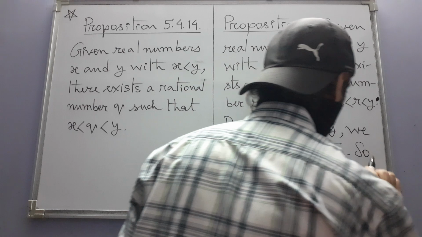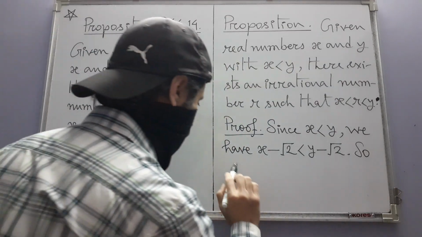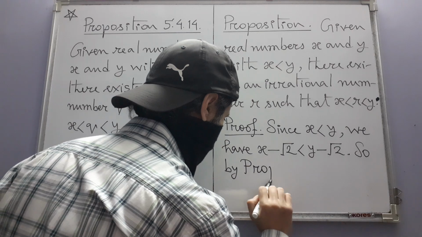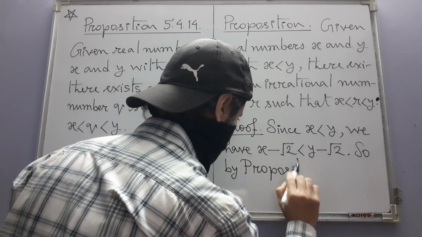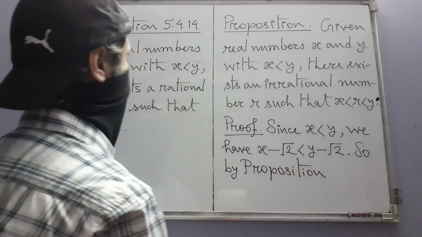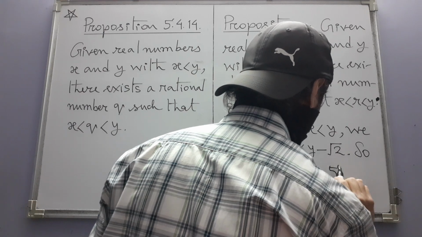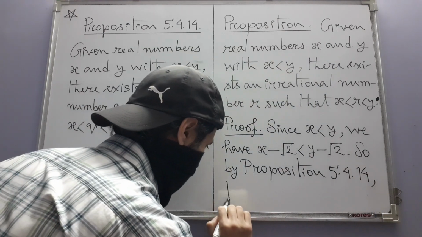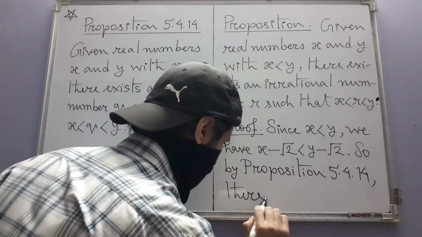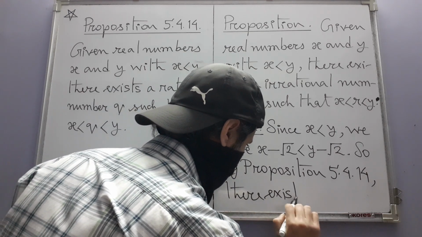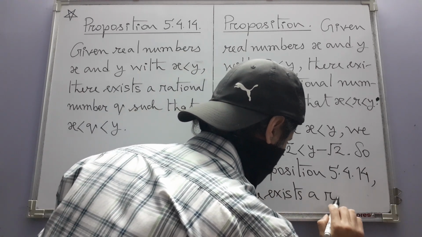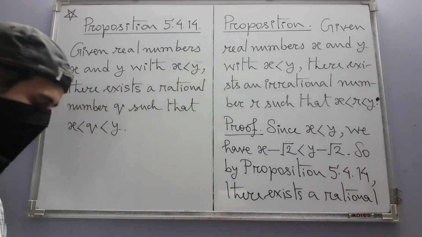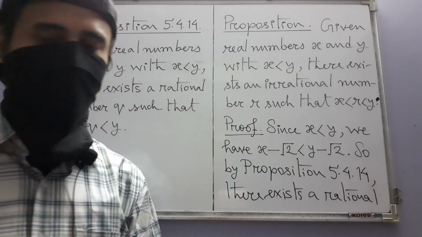So, by this proposition, there exists a rational number q between these two numbers.